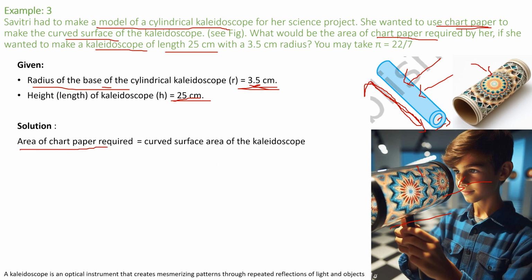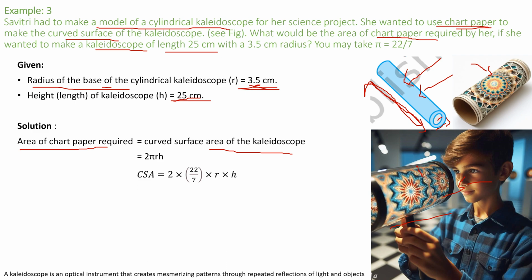That must be equal to the curved surface area of the kaleidoscope, correct? Naturally, because she wants this much paper to completely cover the curved surface area of the kaleidoscope. So what is the curved surface area of the kaleidoscope? Just now we derived it. It is 2 pi r h, where r is the radius, h is the height of the cylinder.